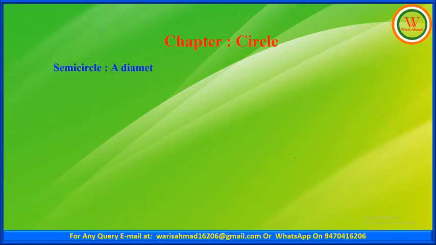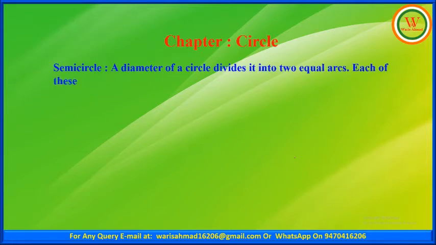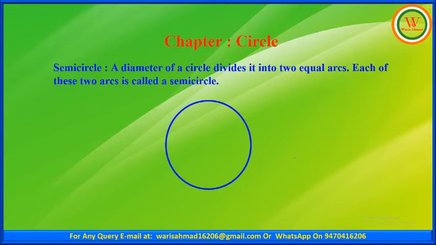A diameter of a circle divides it into two equal arcs. Each of these two arcs is called a semicircle. So let us consider a circle, and this line is termed as diameter because it is crossing the center of the circle, or we can say it passes through the center of circle.